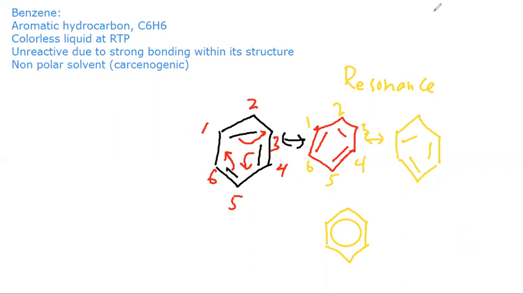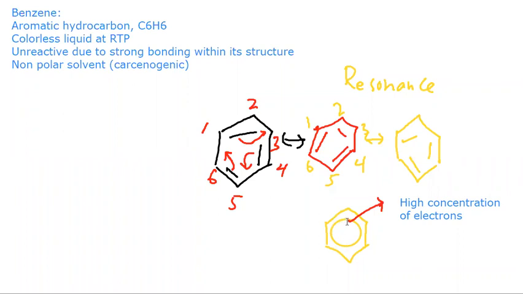What is the inner circle that I have in this structure? It's actually the region of high concentration of electrons. Inside this circle, the electrons are in resonance.